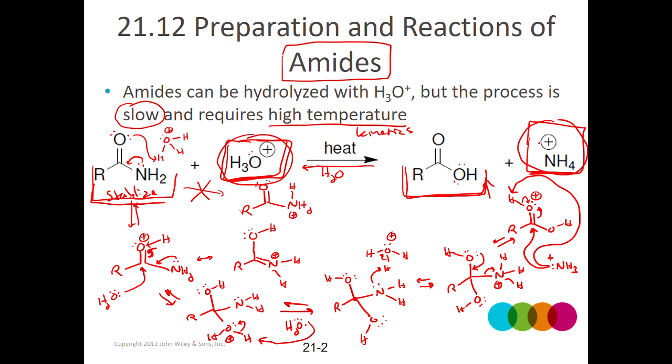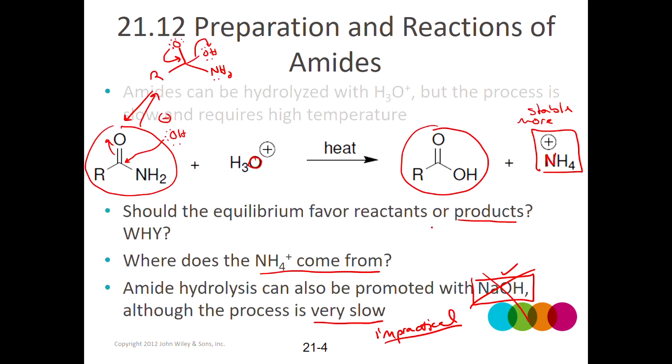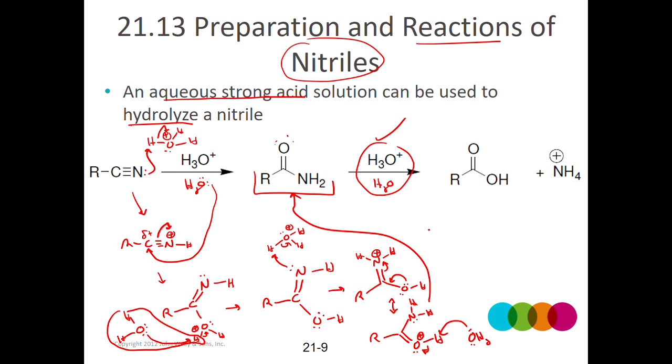So that process is quite product favored through the mechanism we described. So over here are the steps necessary to get to the amide, and then under the H3O+ and water conditions, the amide would produce a carboxylic acid and NH4+. And again, that is going to be product favored in the end because of the stability of the positive being much more stable on the nitrogen than on the oxygen.